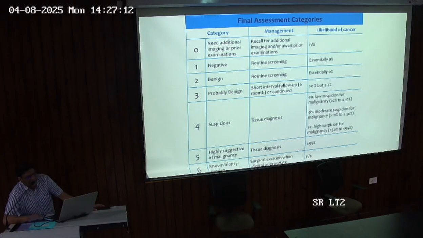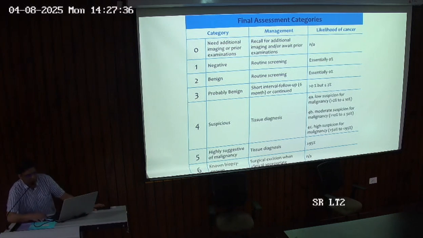Grade 2 is a benign lesion, malignancy is 0%, but yearly routine screening is required. Third is probably benign. Here 6-month follow-up is required, not yearly, with less than 2% chance of malignancy, because the lesion is probably benign.